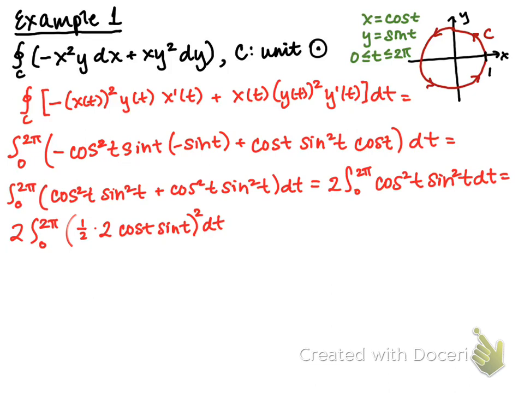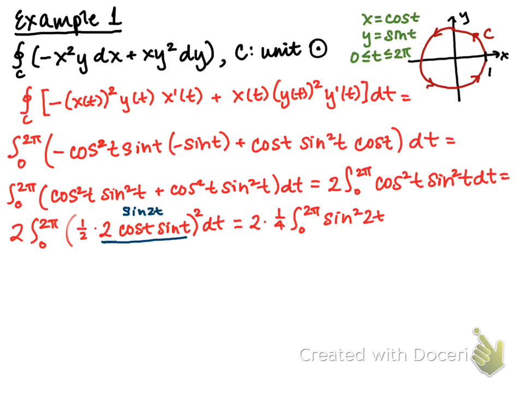So here I'm going to use the sine double argument property, so I'm going to get the sine of 2t right there. And then I'm going to get a 1/4 from squaring the first term. So now I have 2 times a fourth, the integral from 0 to 2 pi of sine 2t squared.